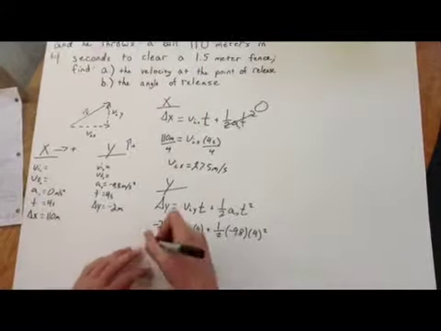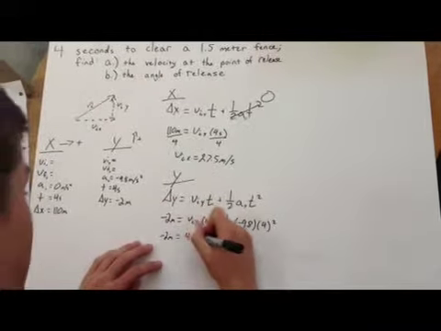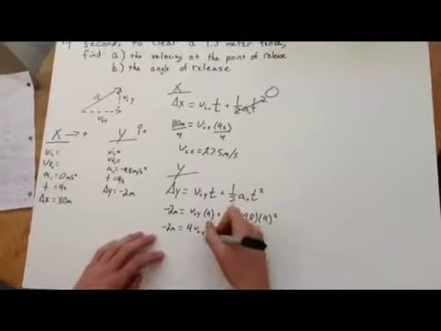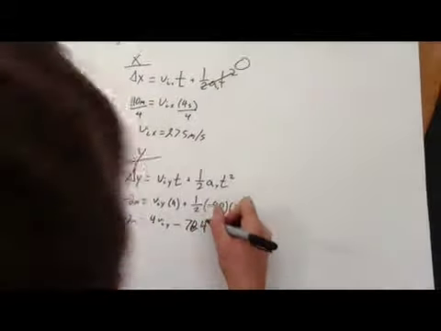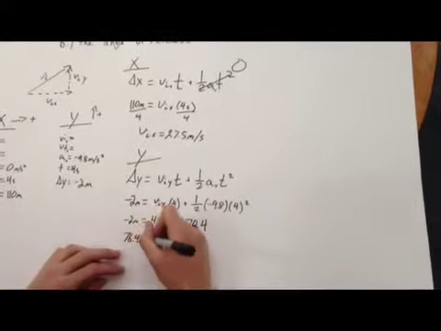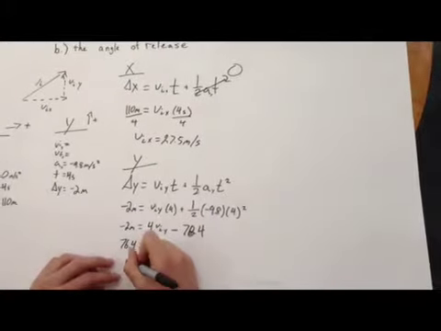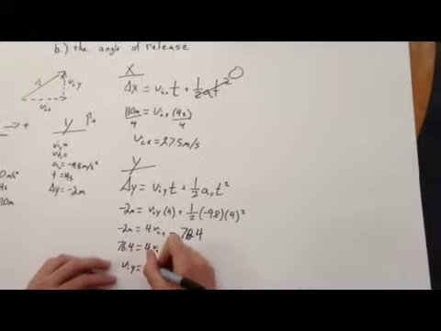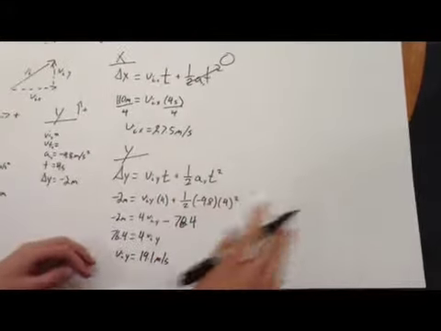So this becomes negative 2 meters equals 4 Viy minus 78.4. So then this becomes 76.4 equals 4 Viy. So then you have Viy equals 19.1 meters per second.